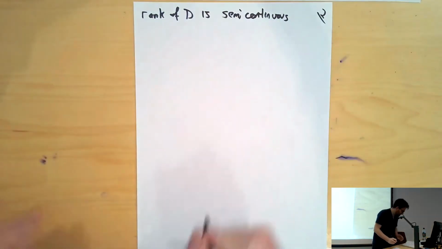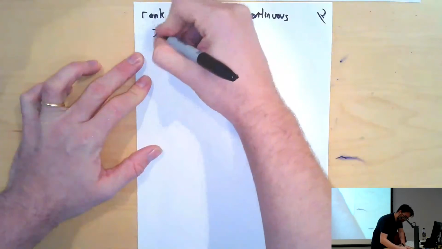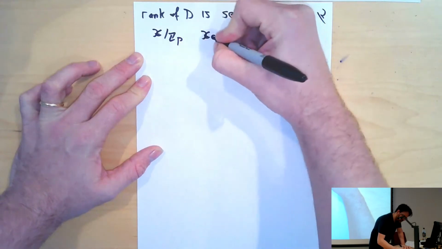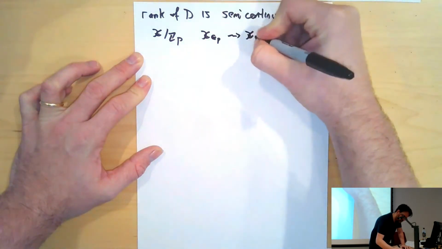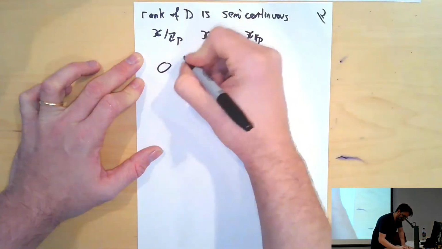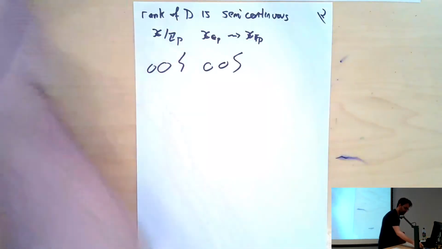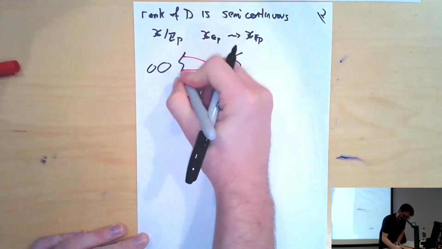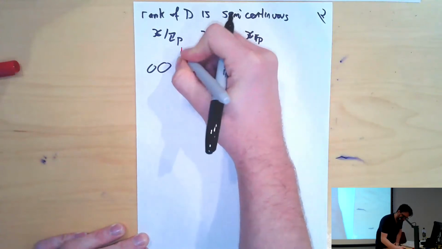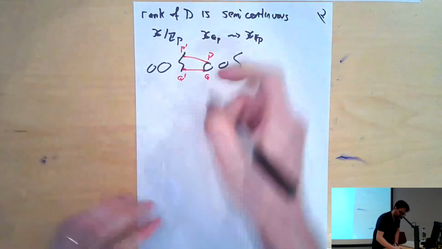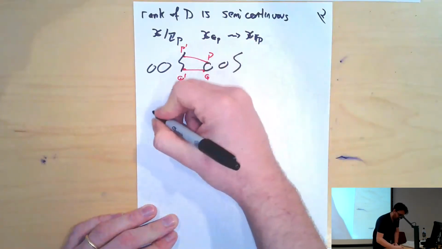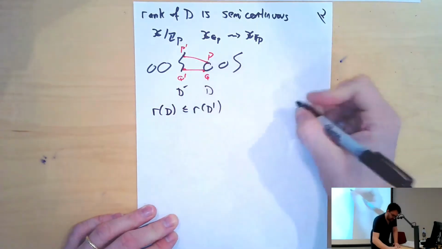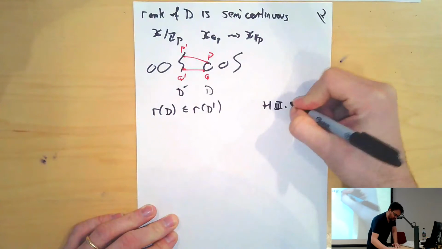Meaning, if I have a model, say over a DVR like Z_p, so that the generic fiber specializes to the special fiber, and if I have some divisor D and D prime, then the rank of D can only grow. So technically this is Hartshorne chapter 3, section 12.